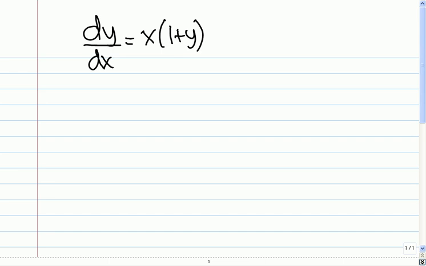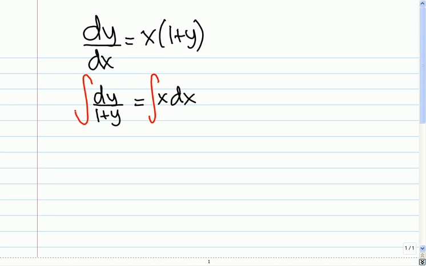So if I was to rearrange this, so far the only strategy we've talked about is trying to keep one side with respect to x, one side with respect to y. And it would look like this once I have everything set up. At this point, I could then go ahead and solve by integrating both sides.